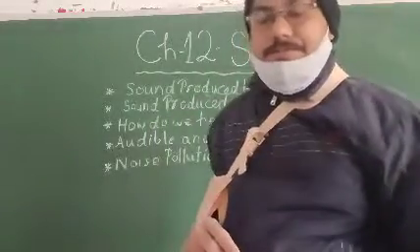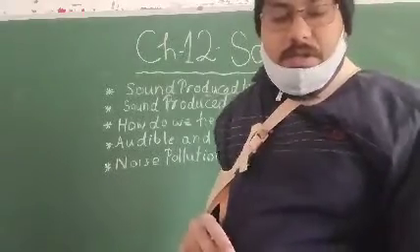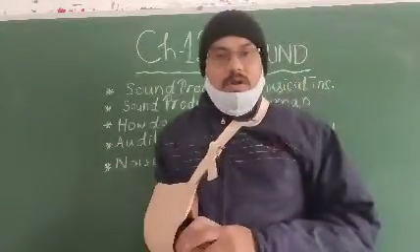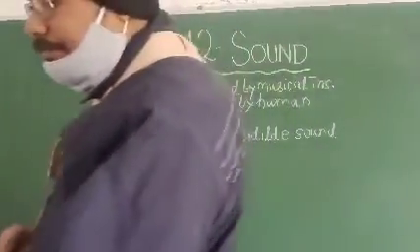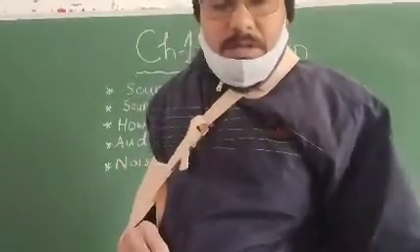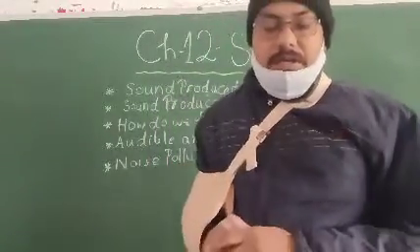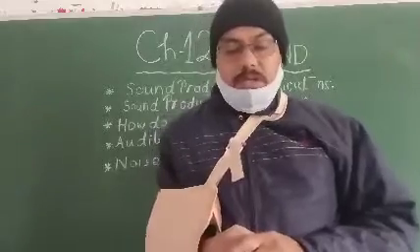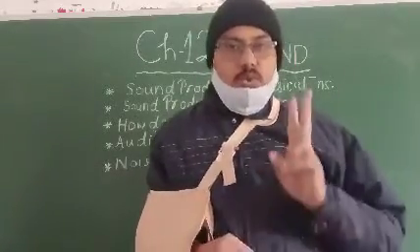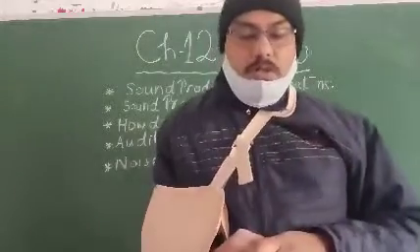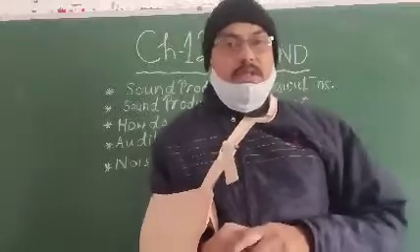After that, the inner ear contains two tiny organs called the cochlea and the semicircular canal.